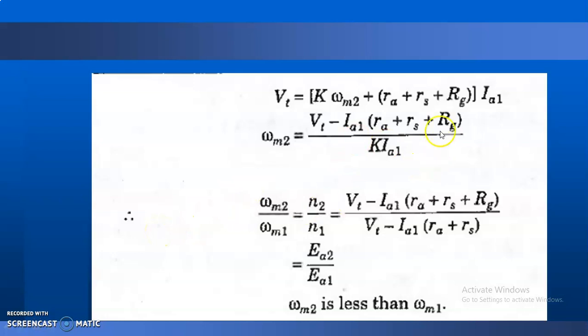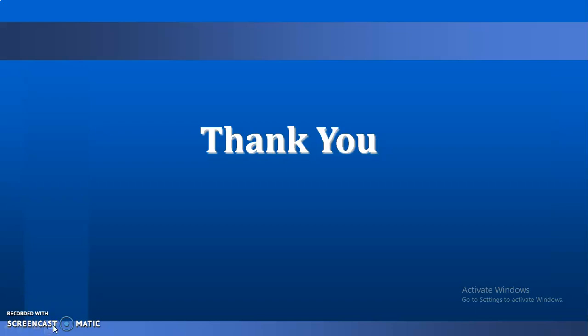This type of control is very cheap and can be used in cranes and traction purposes, that is trains, etc. So this is the speed control of DC series and shunt motors by variation of armature circuit resistance.